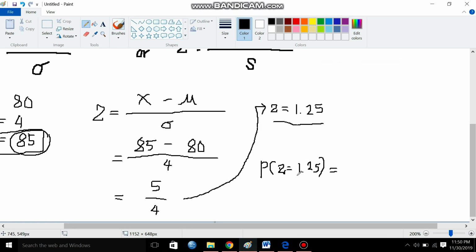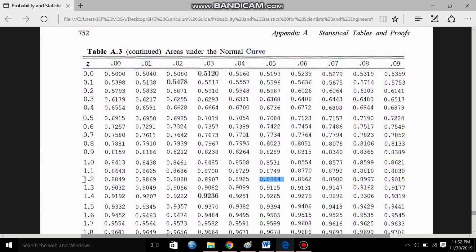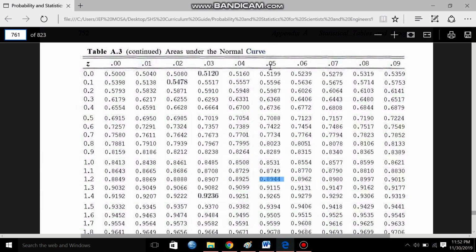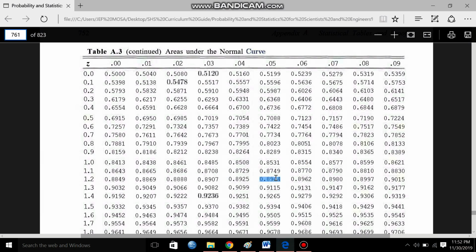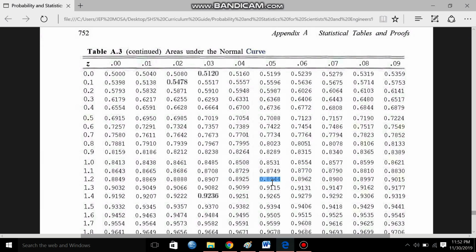We first look for 1.2 and also the 0.05. If we draw a horizontal line for 1.2 and a vertical line for 0.05, the intersection of those lines will be the corresponding probability for 1.25.